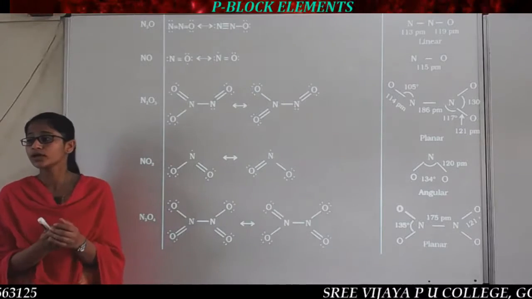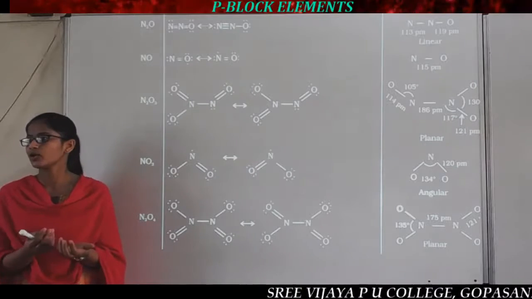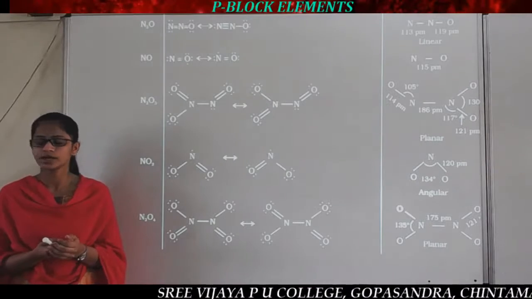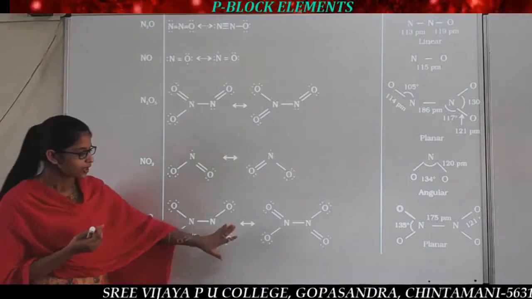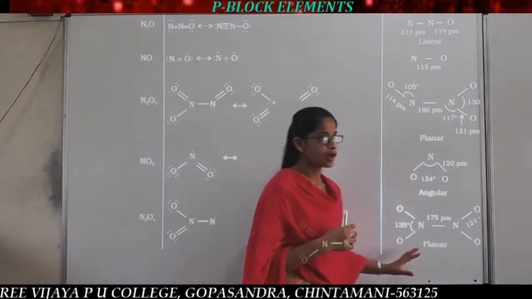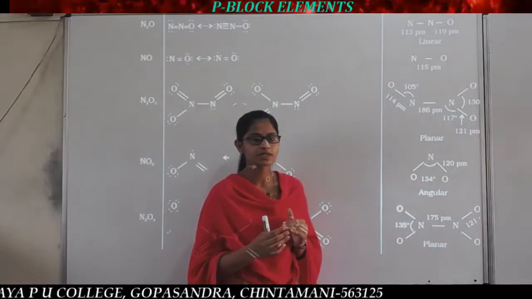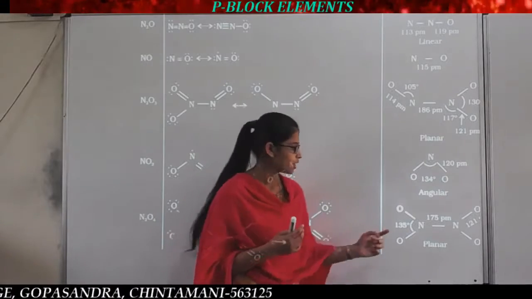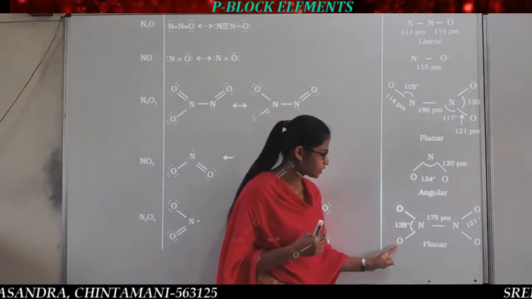Based on that distribution, the structure is exhibited, and we call these resonating structures. Last class we studied this. Based on these resonating structures, bond pair and lone pair, we have to predict the bond parameters between atoms in the molecule. For example, nitrogen, oxygen and oxygen.